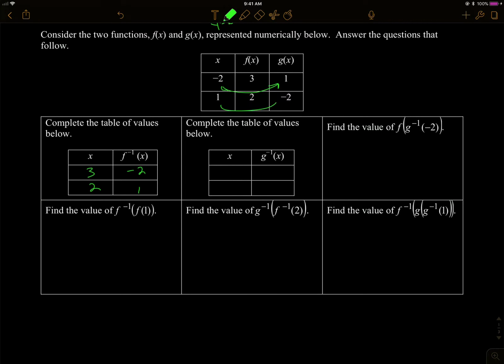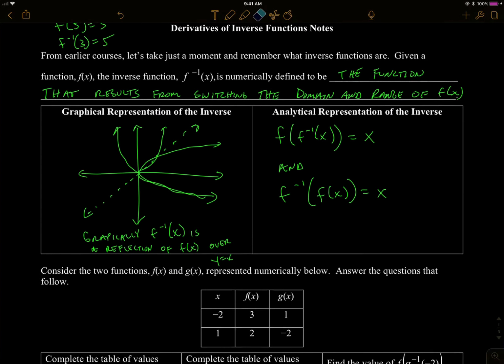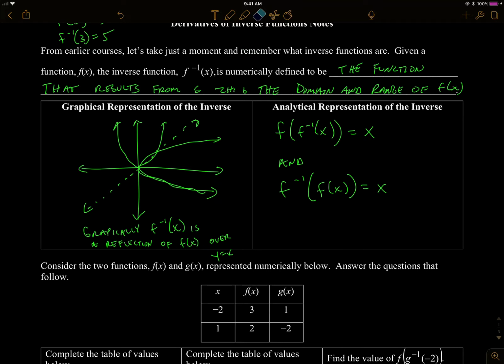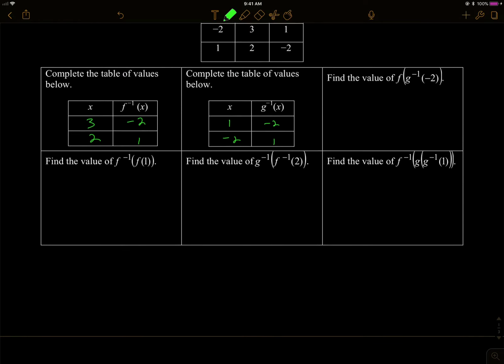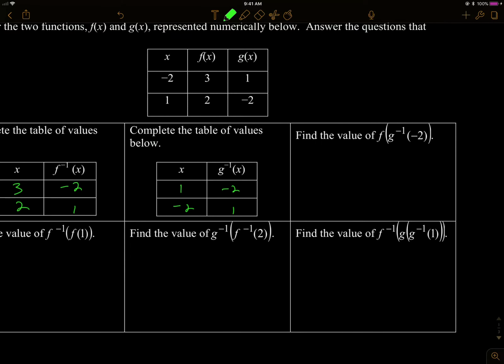All right, so now we're going to do g inverse. Normally 2 maps to 1 and 1 maps to -2. So now we're going to go backwards and say that 1 maps back to 2 and -2 maps back to 1. So we're just reversing the two things. We're switching the domain and range, which means the x and the y on the table.